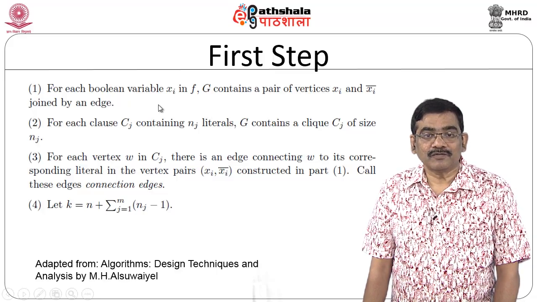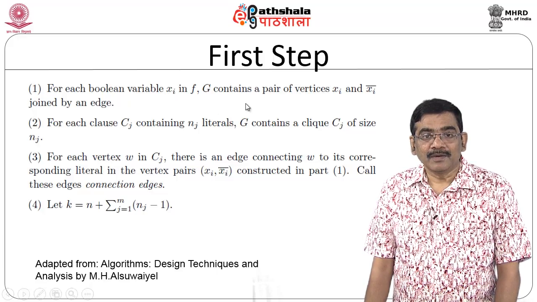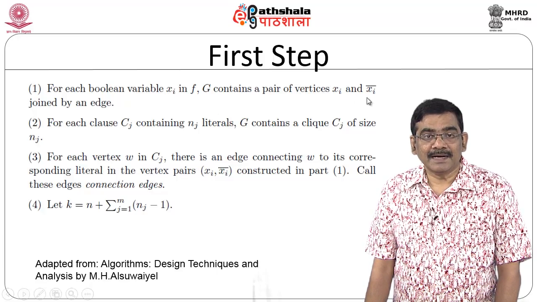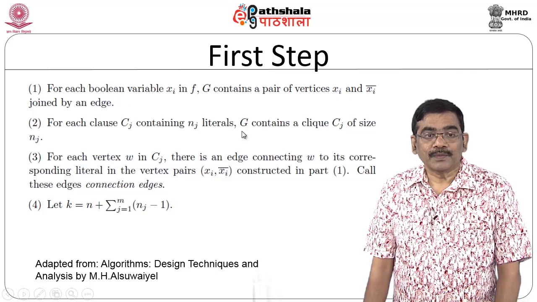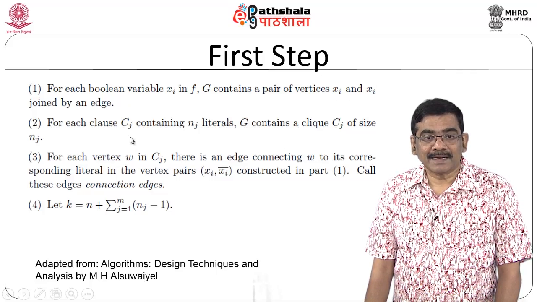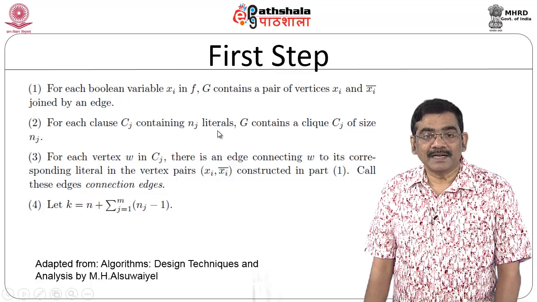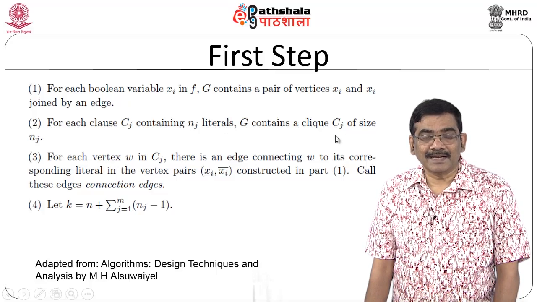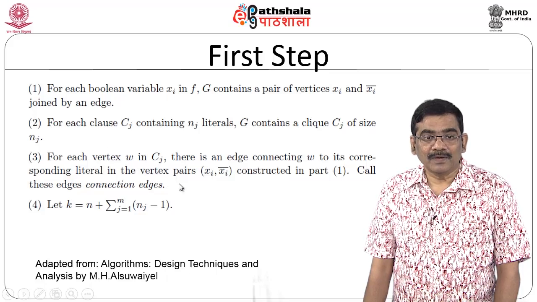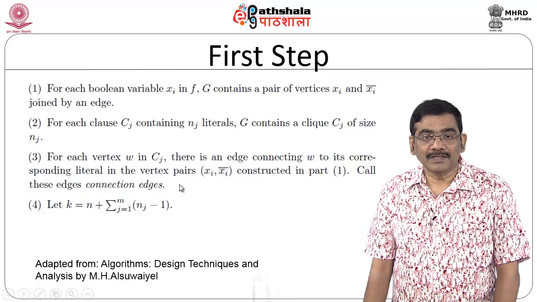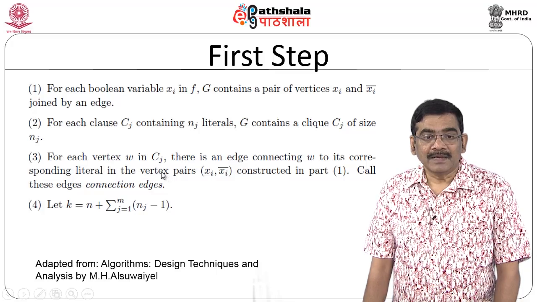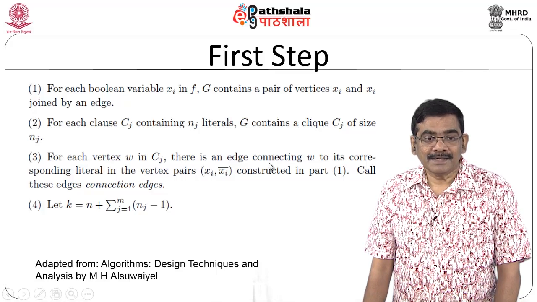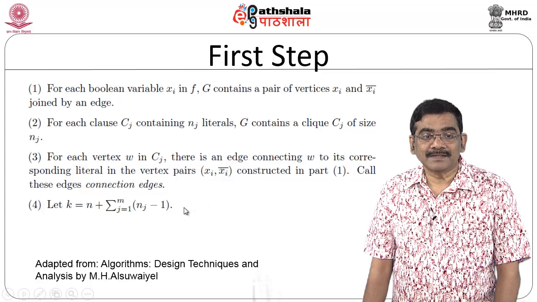For every variable xi, we connect xi and xi bar. For every clause containing nj literals, we create a clique of size nj, and then we connect all the nodes of the clique to the original vertices. We can say that this is a cover of size k.